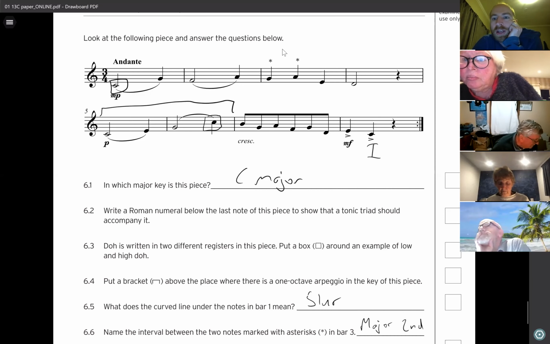If you've got 2 semitones and notes that are adjacent to each other like G and A, then it's got to be a major second. In grade 1, they may only require you to write second, which might be correct in grade 1. However, we know that it's a major second, so we should always put major second because we've already done that.